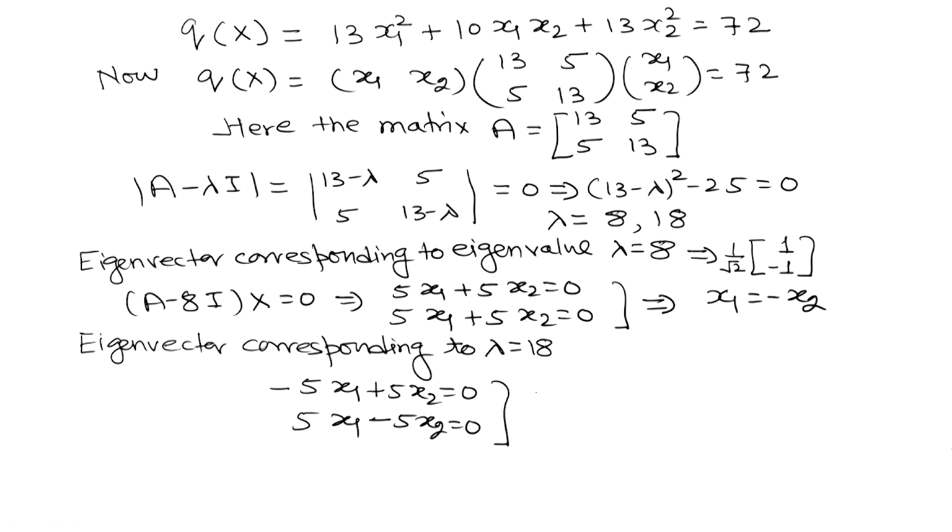So, from here I am getting x1 equals x2, and the corresponding unit eigenvector will become 1 by root 2 and 1 by root 2.